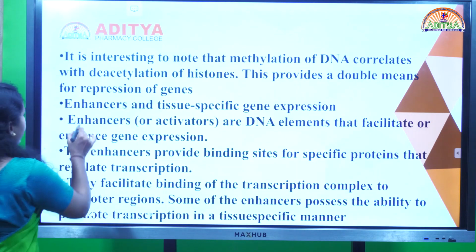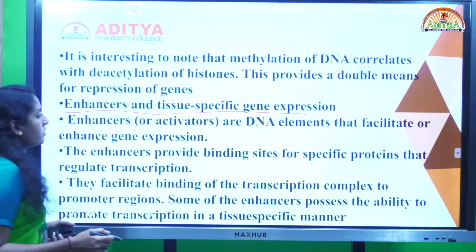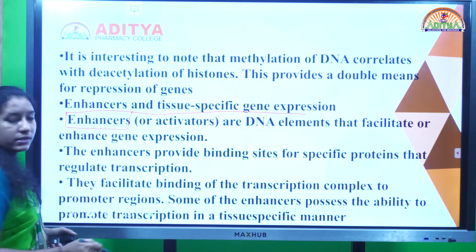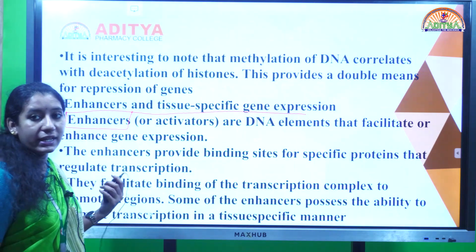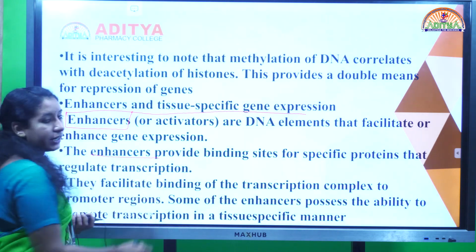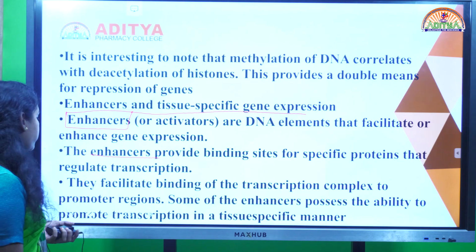And there are other elements like enhancers and tissue specific gene expression. These enhancers are also known as activators. These are DNA elements which can facilitate or increase the gene expression process. These enhancers provide the binding sites for proteins that regulate the transcription process.